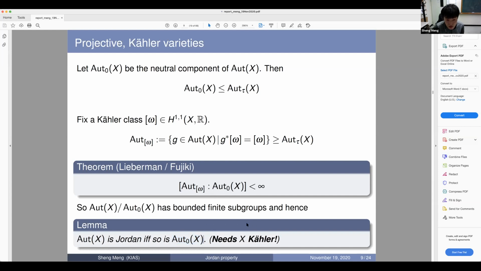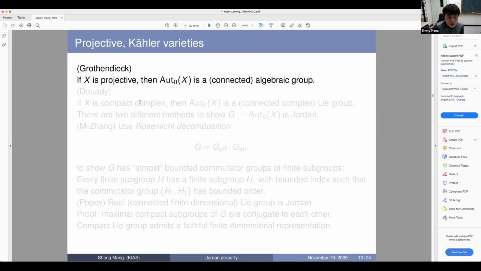So now we move to Aut_0(X). It is a classical result of Grothendieck that if X is projective, then Aut_0(X) is a connected algebraic group. And Douady later showed that if X is complex, then Aut_0(X) is a connected complex Lie group.